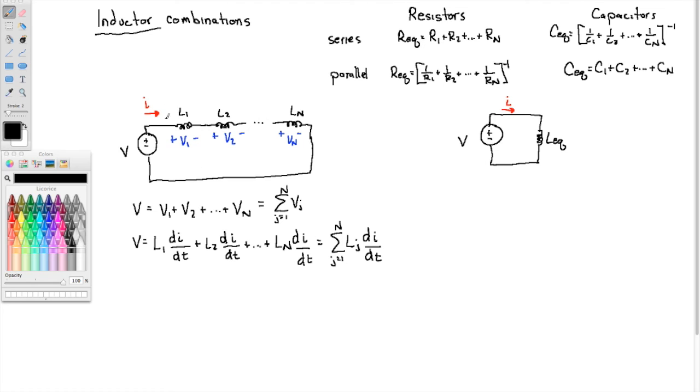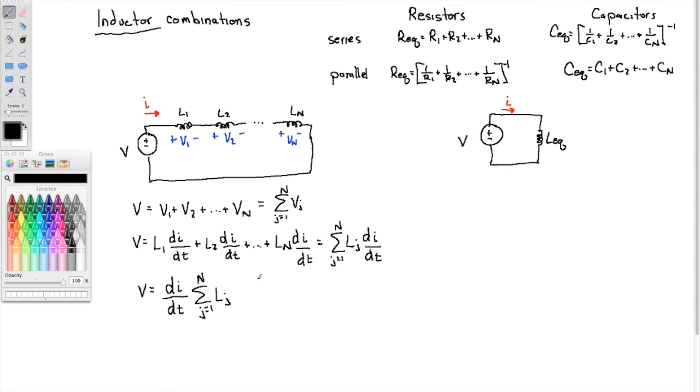Now remember, we said that the I is independent of the inductor. It has no subscript. So di/dt can come out of the summation. So we've got V equals di/dt times the summation j equals 1 to n of Lj.